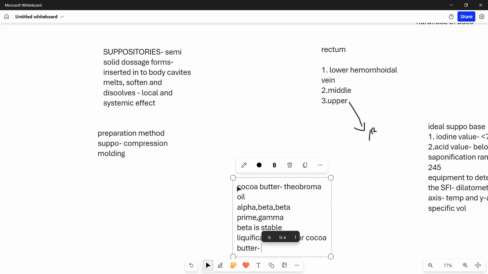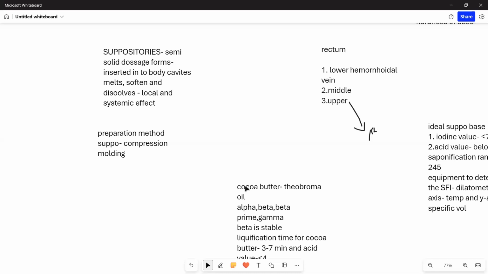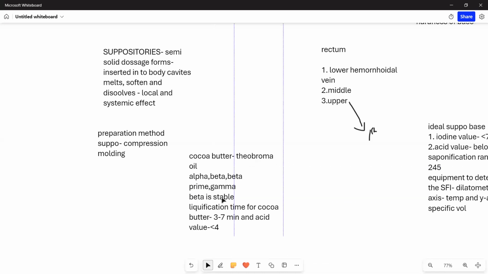It is around 3 to 7 minutes. And the acid value is less than 4.